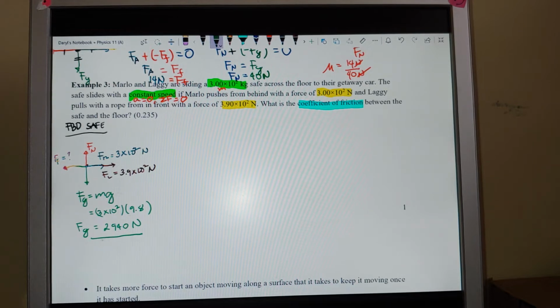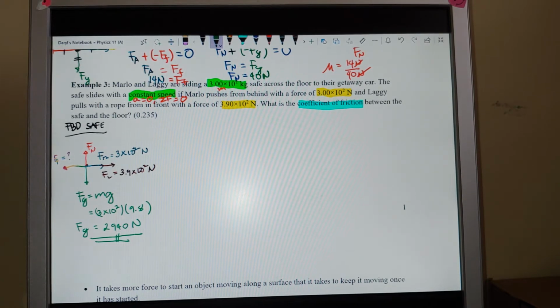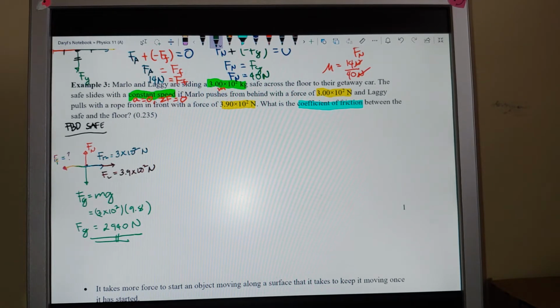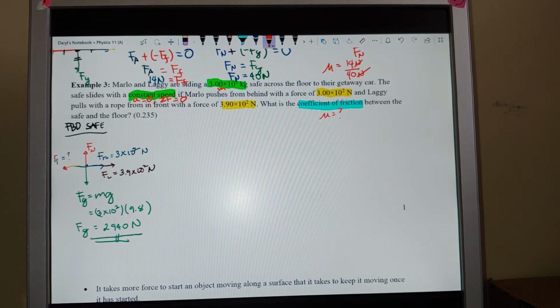So that's the weight of the object. Now we have already identified the forces acting on the object. We want to get the value of mu. So mu is the unknown.